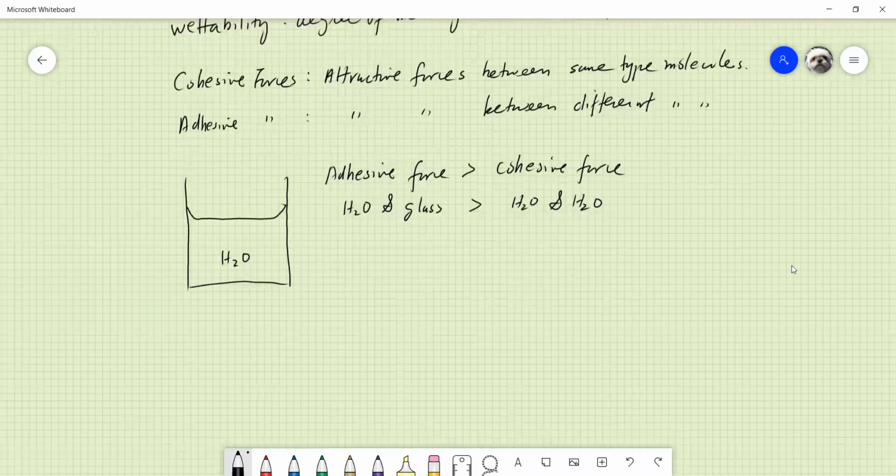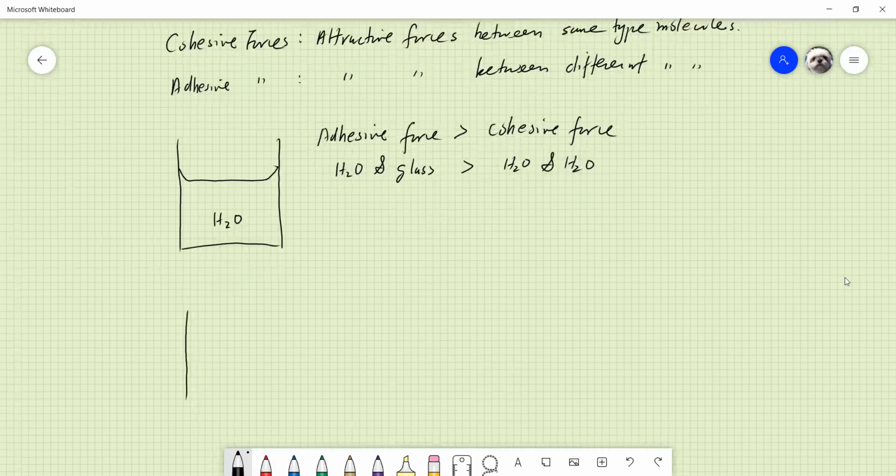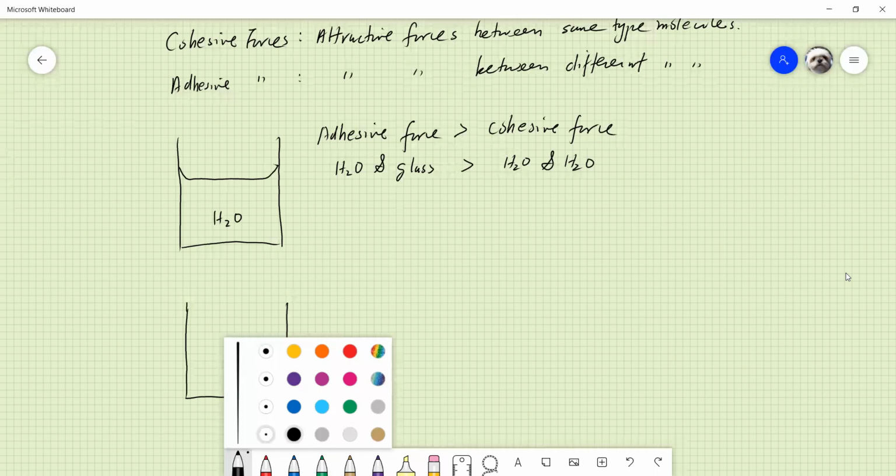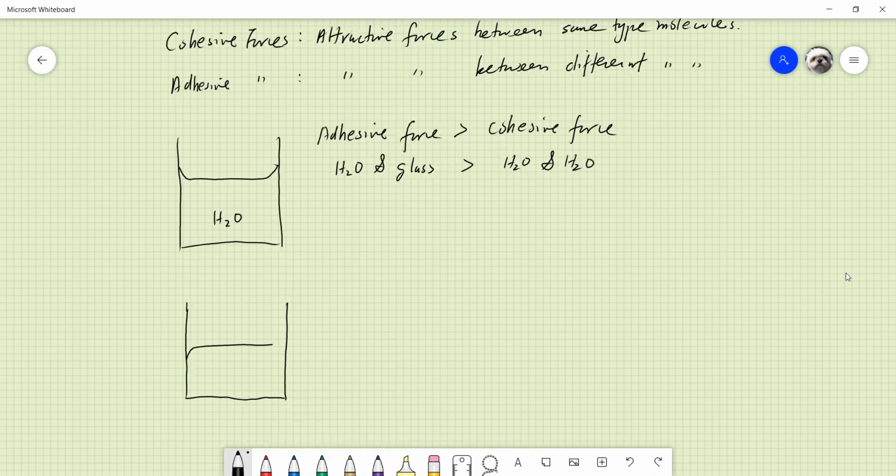Now, then we have another type. Have you seen mercury before? You've seen it only in thermometers? Have you seen a whole cup of mercury before? You'd have to go to the chemistry lab. Now, if you look at mercury, let's say I fill mercury in a container, it's going to look like this.